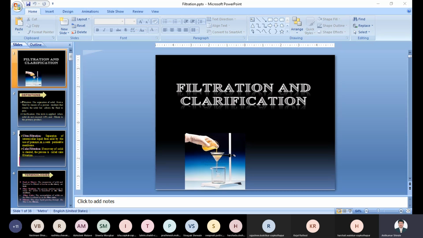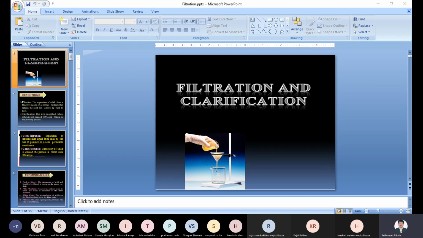The solid particles are retained on the filter paper, and a solid layer is formed on it. The filter paper is called the filter medium, a porous medium. To assist the filtration, we can use different types of media as well, right?